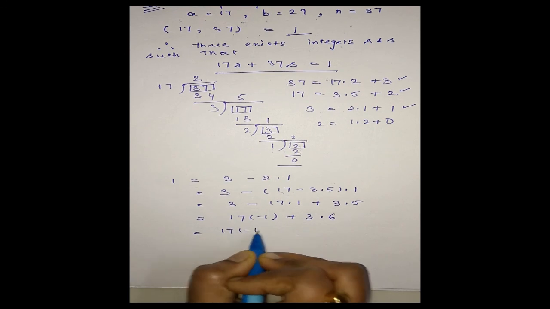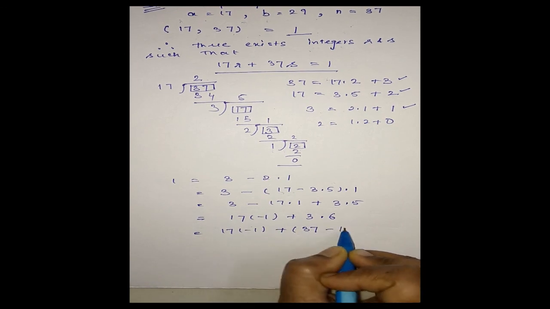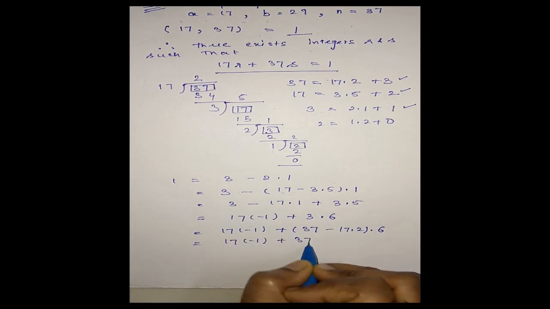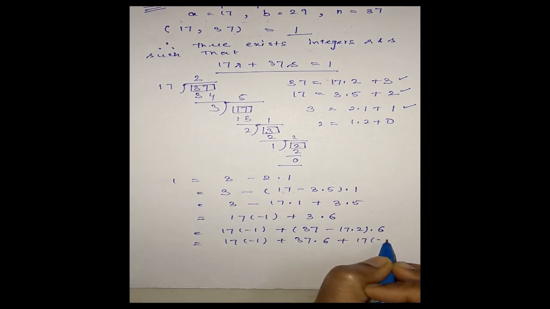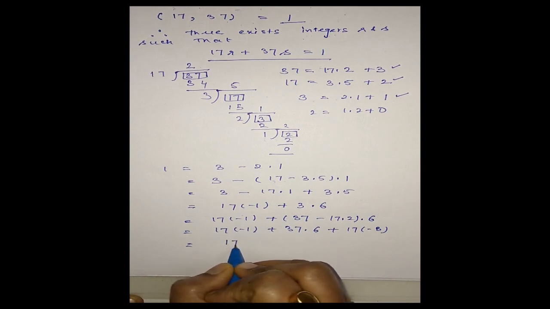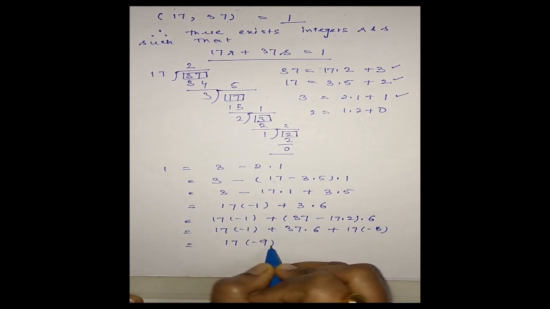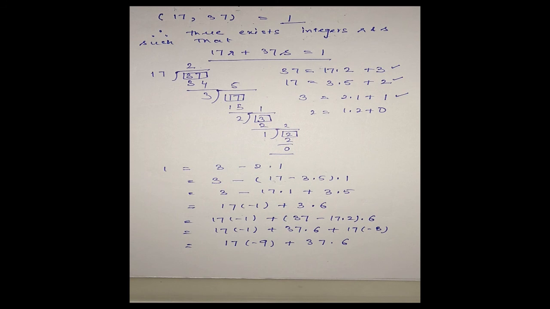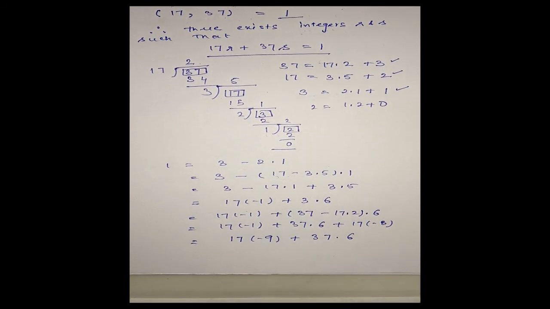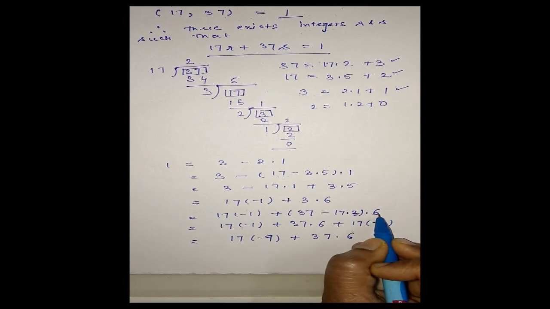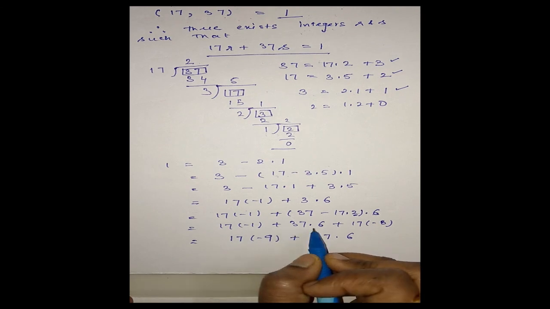Now replacing 3 by 37 minus 17 into 2, we get 17 into minus 1 plus 37 into 6 plus 17 into minus 12.